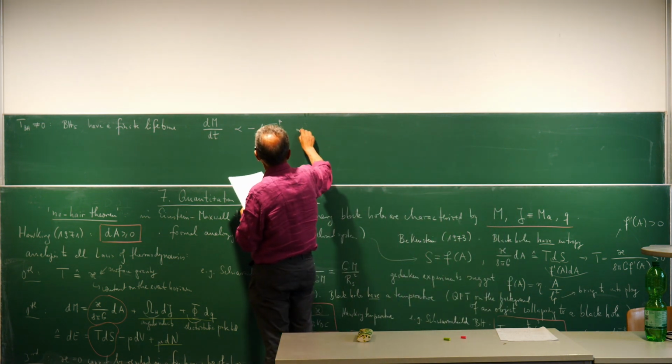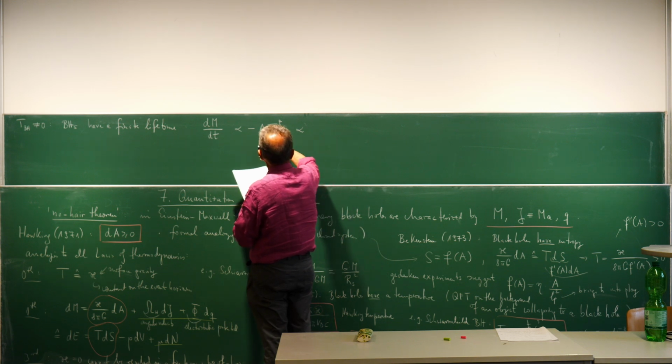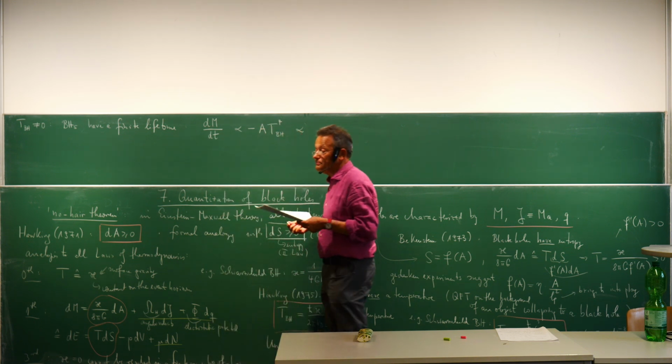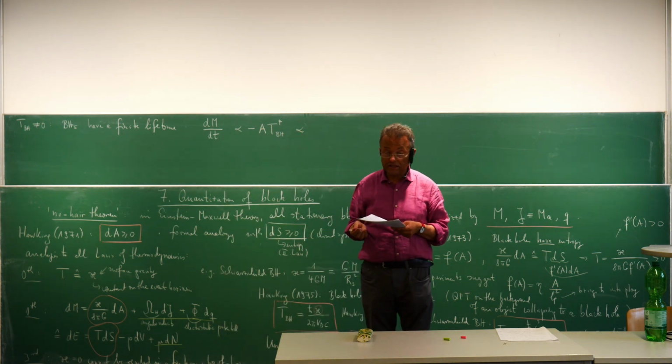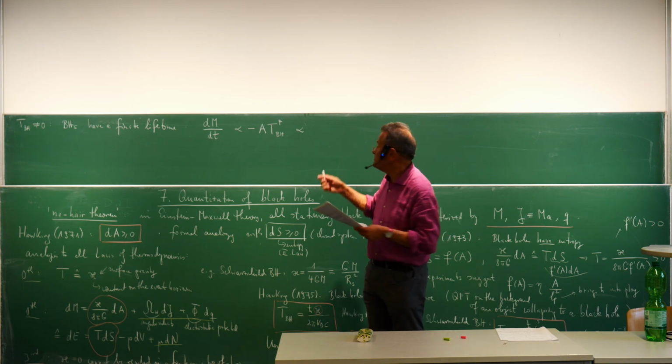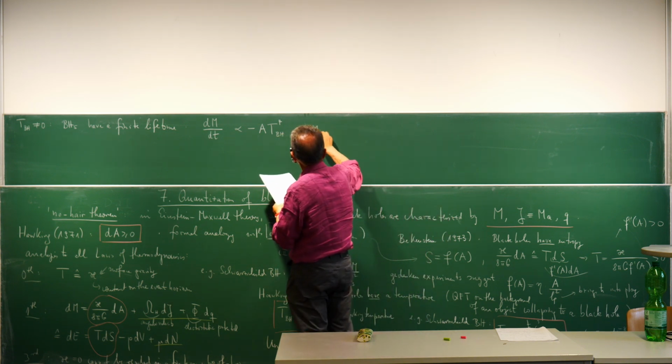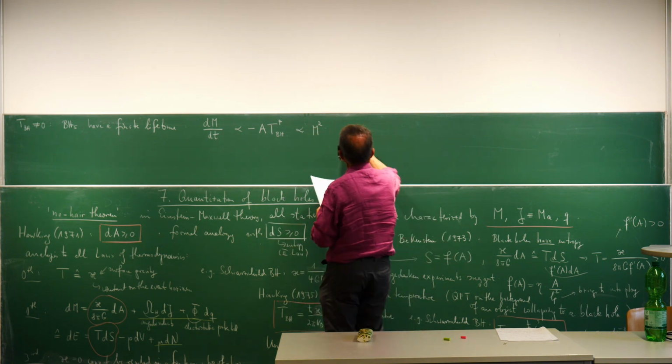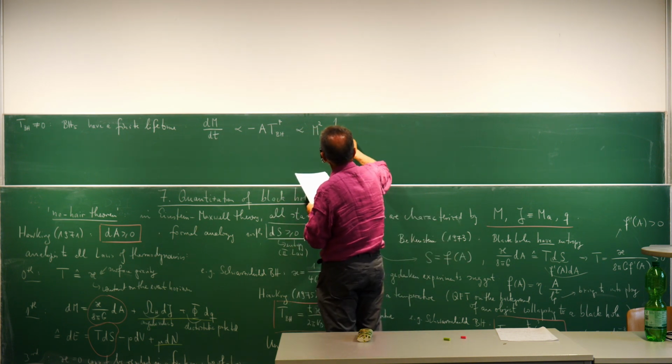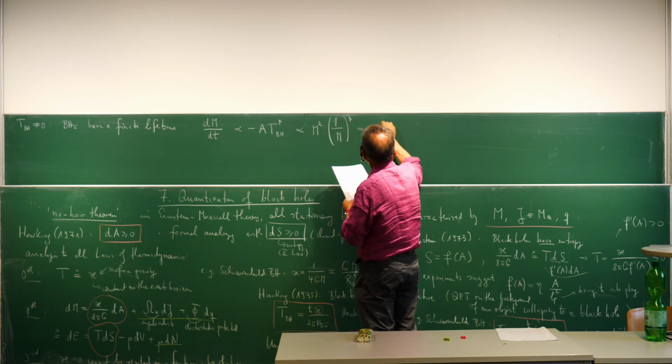And so if you just use proportionalities, then area is 4 pi times Schwarzschild radius squared, and Schwarzschild radius proportional to m, so this is proportional to m squared. And this we have seen is proportional to 1 over m, so it's 1 over m to the 4th, which is just minus 1 over m squared.